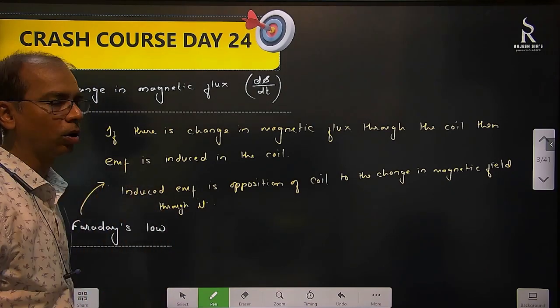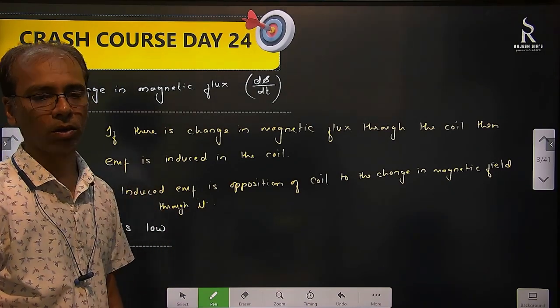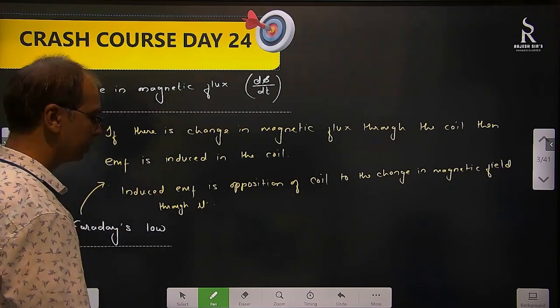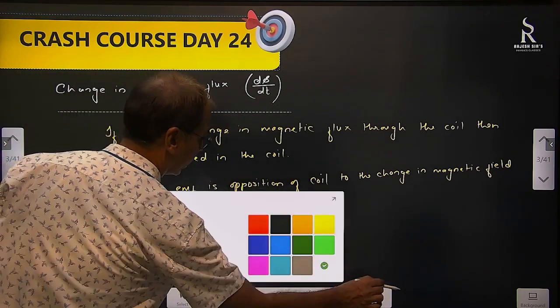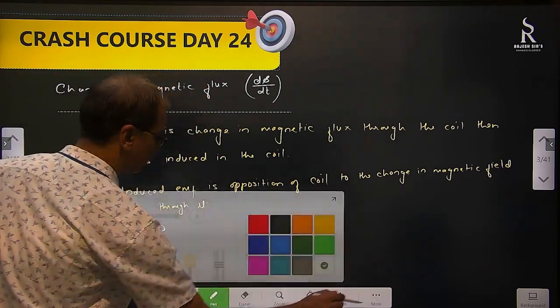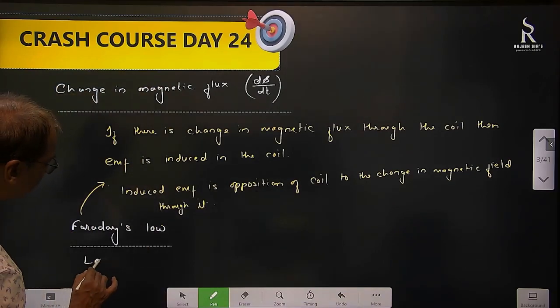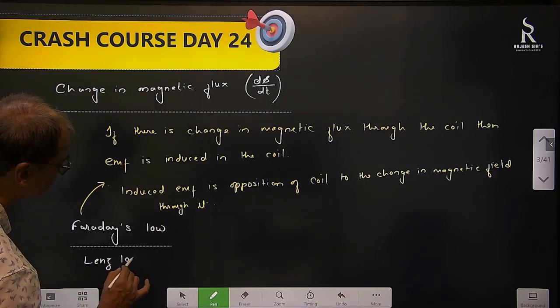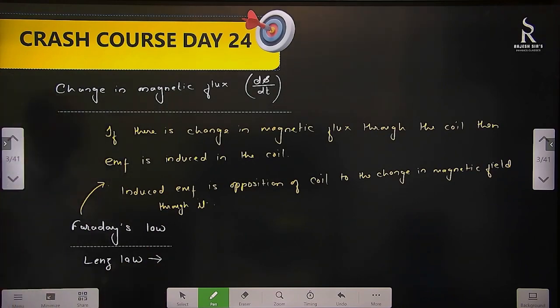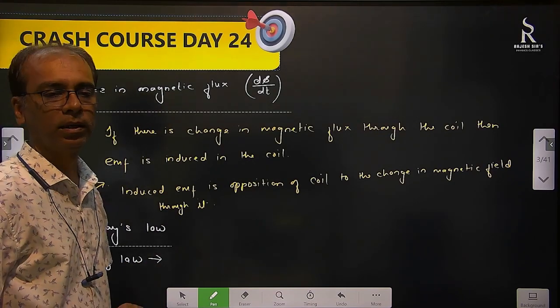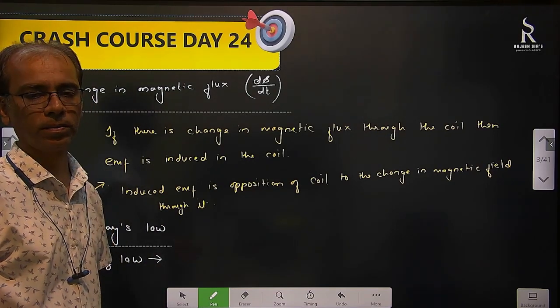But there is one more law, which we call Lenz law. What is Lenz law? Lenz law gives us the direction of induced current. Okay. And Lenz law clearly says that this process of EMF induction is basically based on conservation of energy.